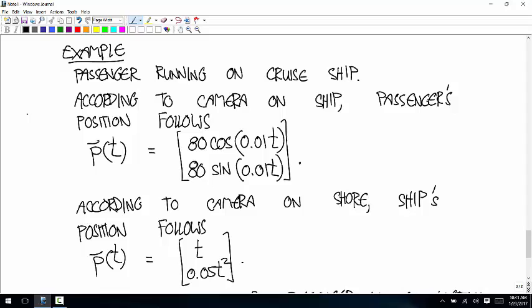The ship is accelerating. So we're going to have to use relative motion to figure out the acceleration of the passenger according to the ship. We can figure out the acceleration of the ship according to the ground. And then we can use relative motion to connect those two.